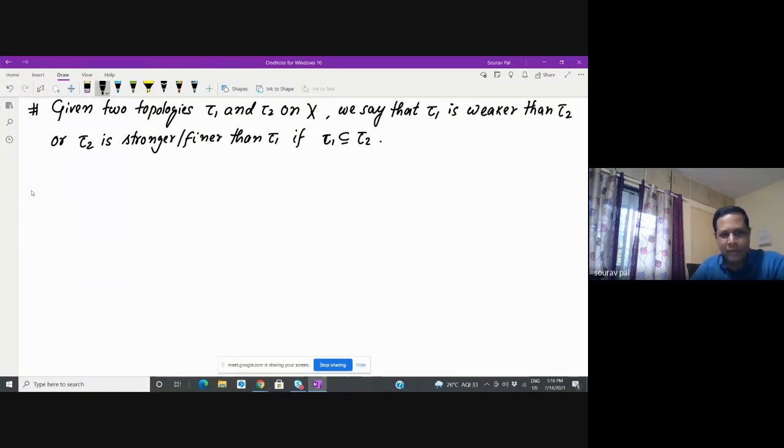Now, what is an open set? An open set is a member of a topology, nothing else.